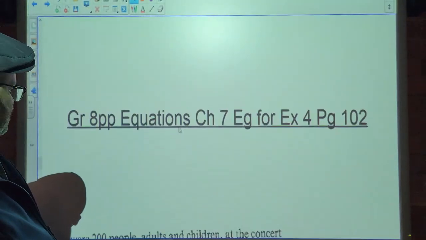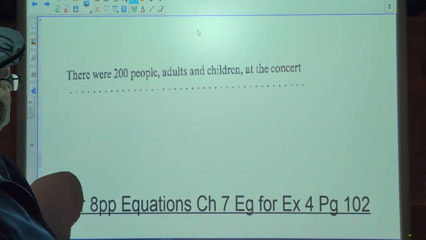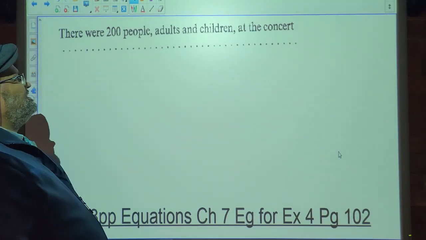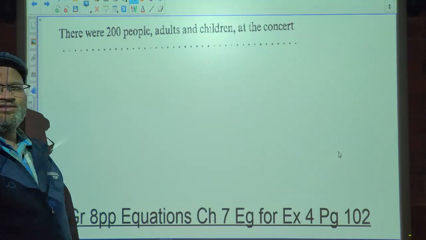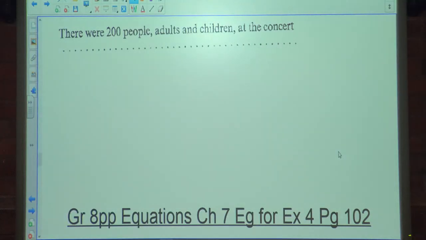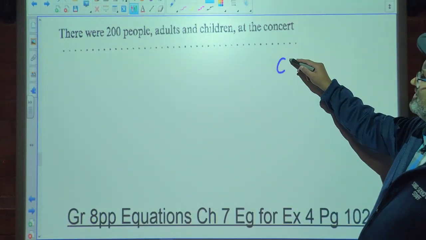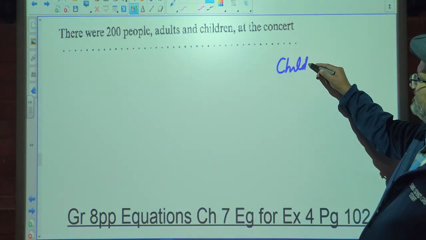Let's look at the next one. There were 200 people, adults and children at the concert. Now at this point we don't know which quantity is less. Could be adults, or it could be the children. We don't know. So we just choose anyone to be x. So let's say the children, if we're looking at the children.